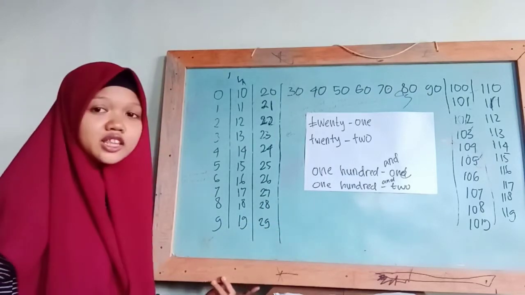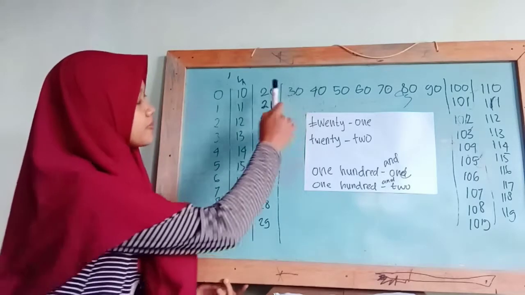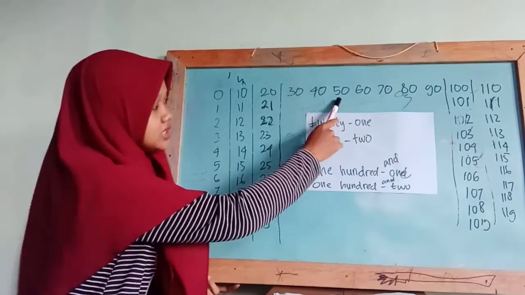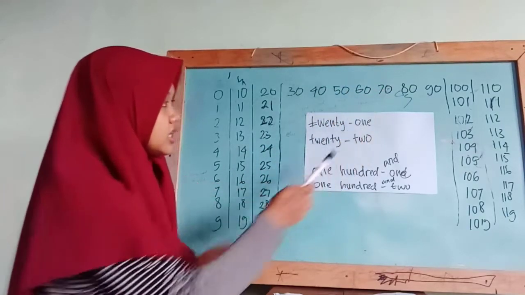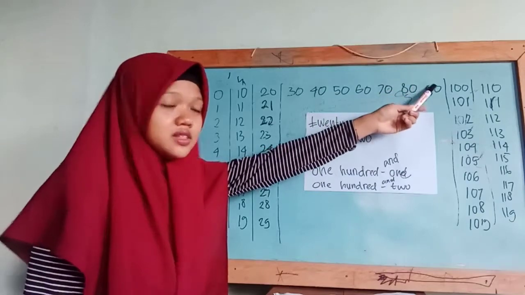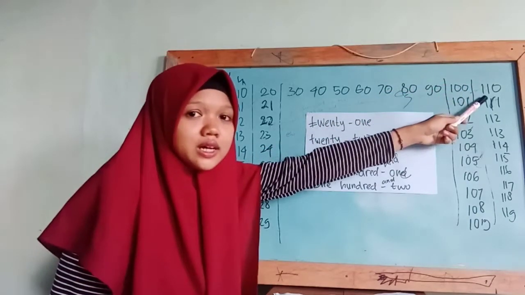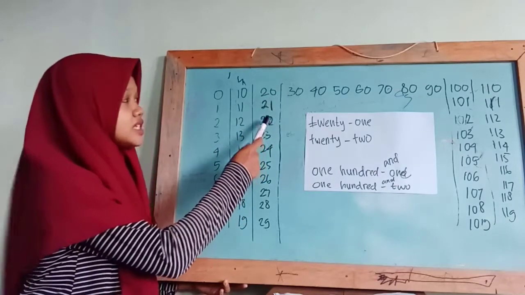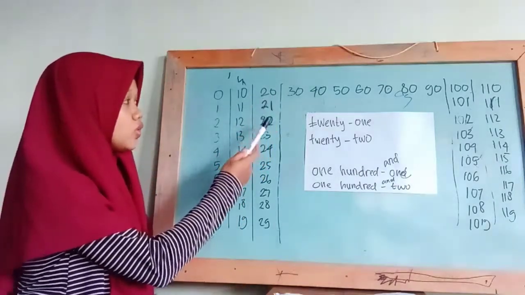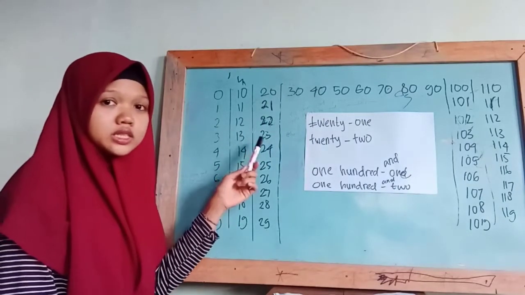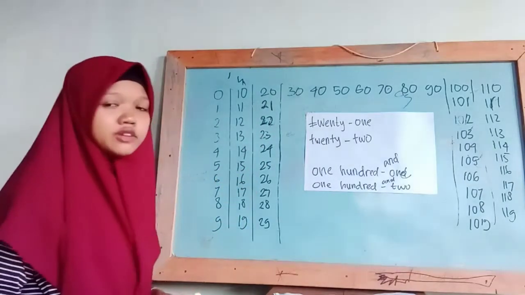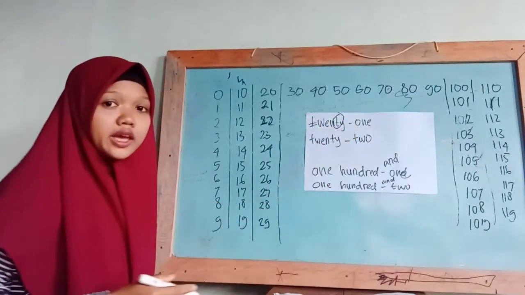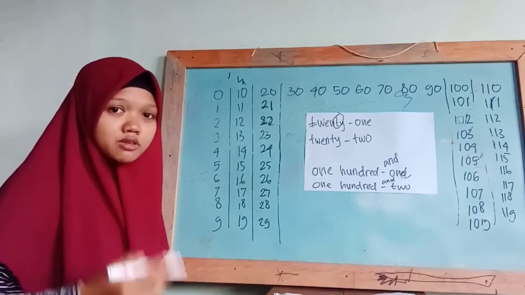Okay, so let me continue reading this across. 30, 40, 50, 60, 70, 80, 90, 100, 110. When I say 20, 21, 22, 23, I never pronounce the T. Americans do not pronounce that.